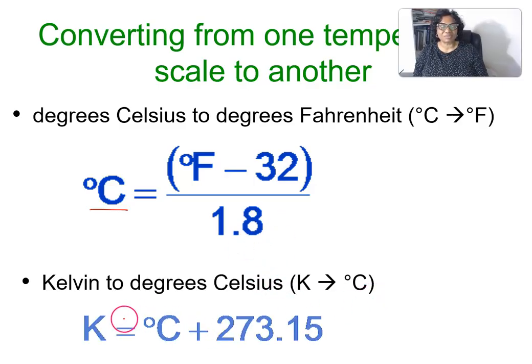Kelvin equals degrees Celsius plus 273.15. So that is how we can convert Celsius to Fahrenheit and Celsius to Kelvin.